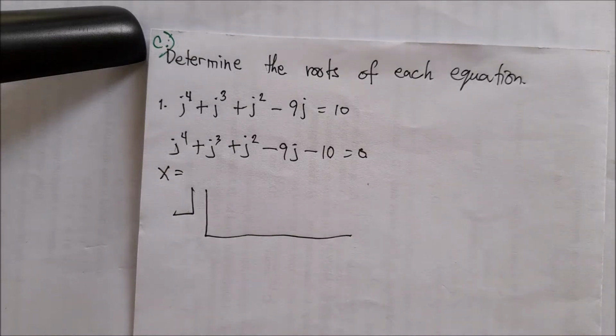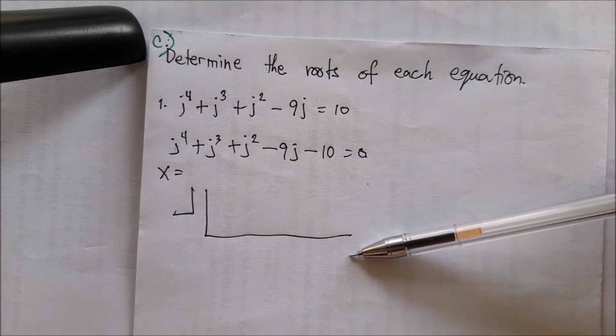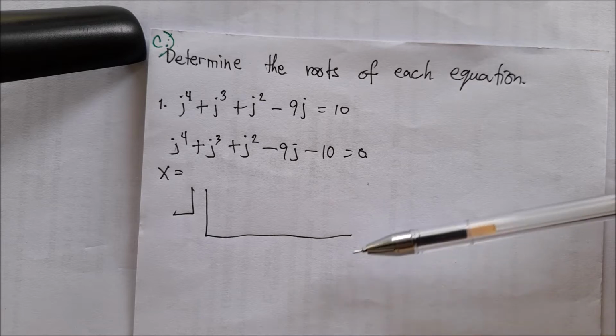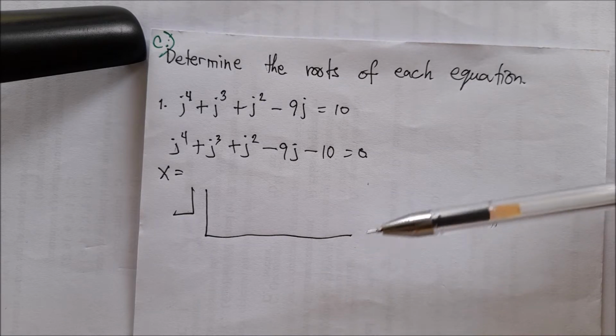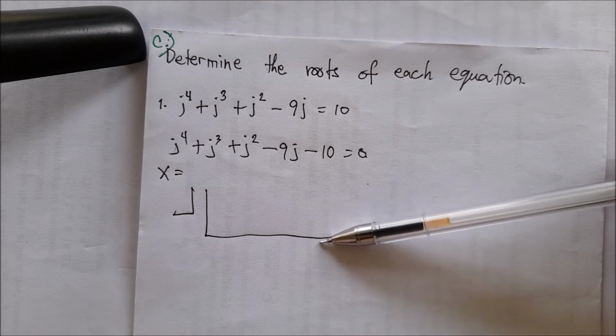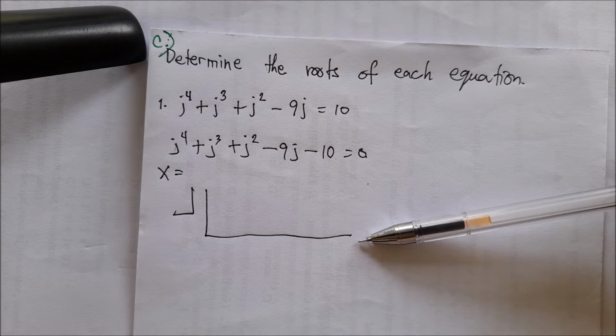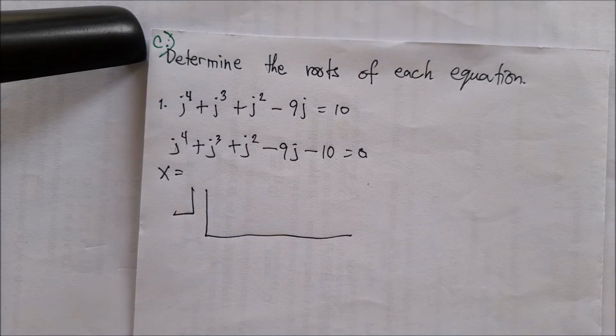If the remainder is not equal to 0, you need to try another value of x until the remainder is equal to 0. Now let's try +1.